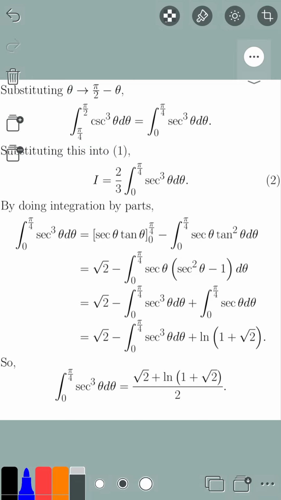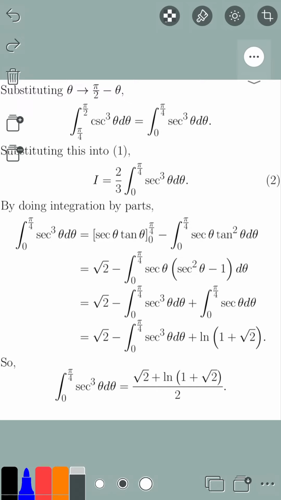And so the integral I is equal to, 1/3 plus 1/3 is 2/3, so it's equal to 2/3 times the integral from 0 to pi over 4 of secant cubed theta d theta. Now we just need to solve this single variable trig integral.